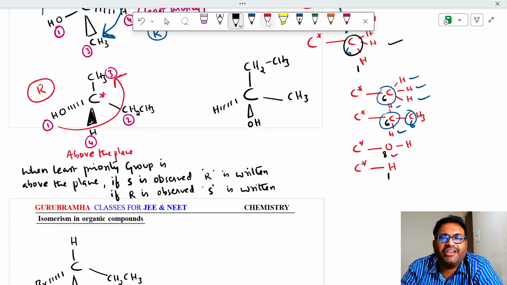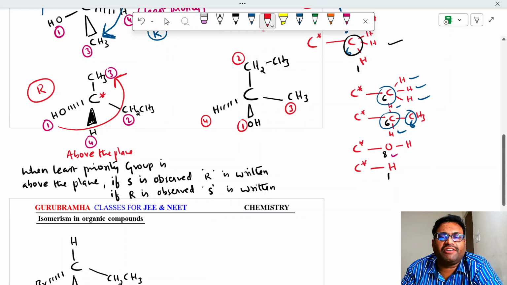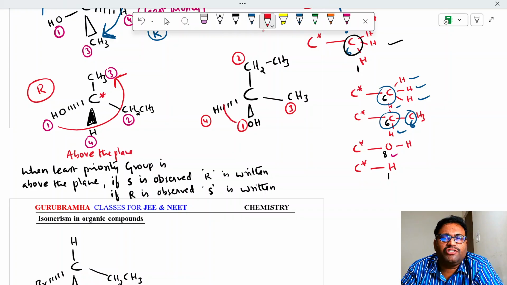Now assign the priorities to this. If you assign priorities 1, 2, 3, the least priority is away from the observer. This is very simple actually. If you shift the molecule or change the positions, it will be very easy. Now draw an arrow 1, 2, 3.